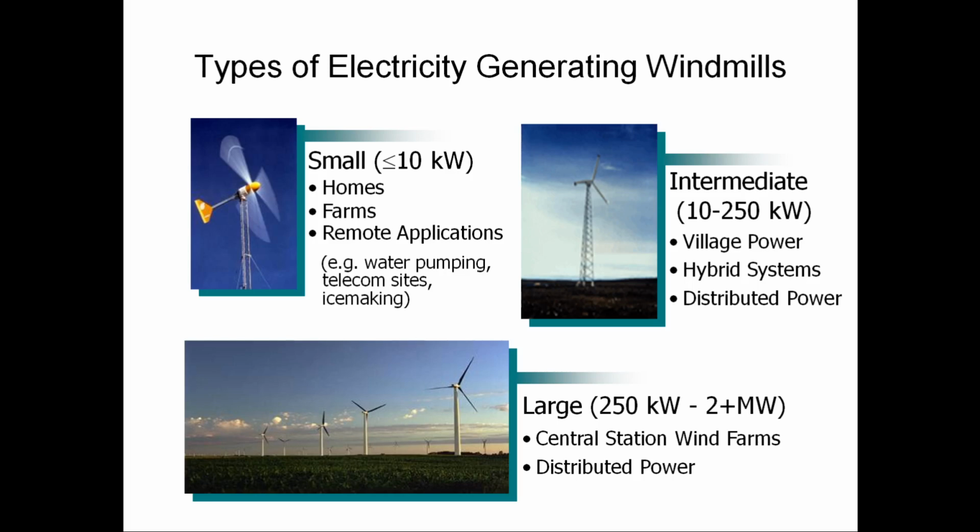Large windmills are mainly suited for central station wind farms for distributed power to the grid, whereas the entire district or state is required to be powered.